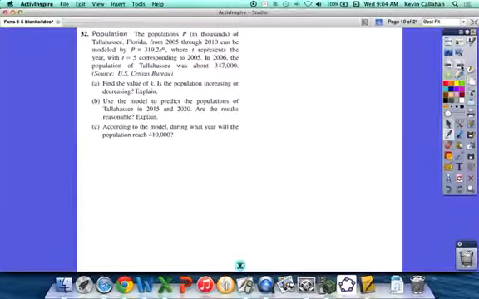Populations in Tallahassee, Florida from 2005 to 2010 can be modeled by P equals 319.2 e to the kt. So we don't know the constant in the exponent, so we can't just plug in a value for P and solve for t, because there are two things we don't know. Whenever you get that kind of problem, you first have to find the k.